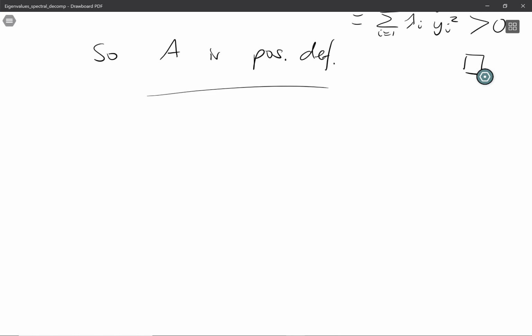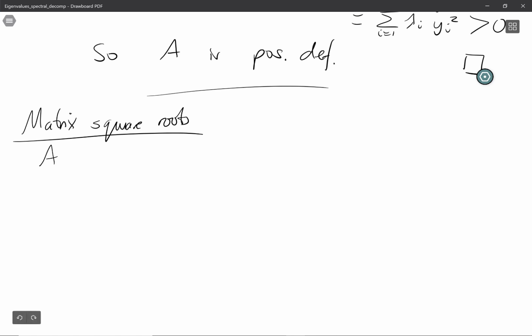So just finally then, I just want to remind you that this spectral decomposition we often use to find what we call matrix square roots. So let's suppose A again is symmetric and positive definite.